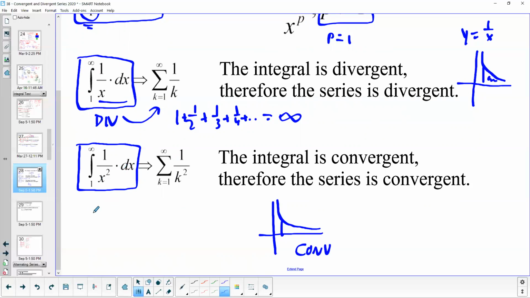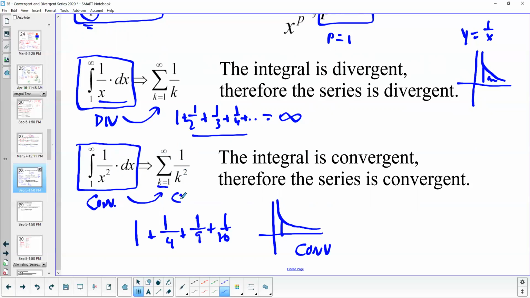If we added those together using a series, the first term would still be 1, but then the second term would be 1 over k squared, so 1/4, plus 1 over 3 squared, so 1/9, plus 1/16. The fact that these values are getting smaller much, much quicker than these, we determined that 1 over x squared converged. Because of that, we know the series from k equals 1 to infinity of 1 over k squared also converges.